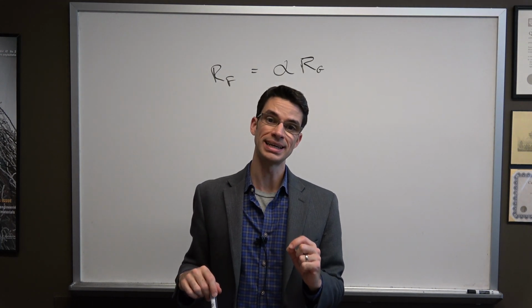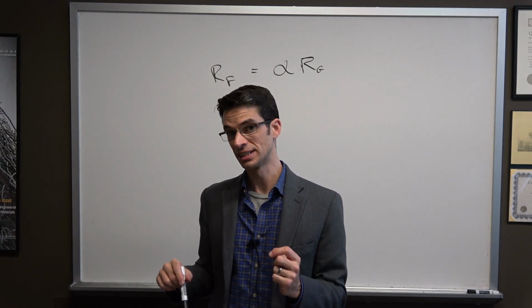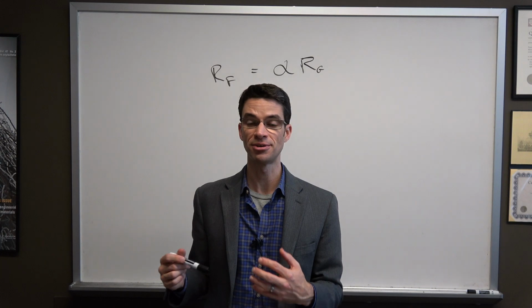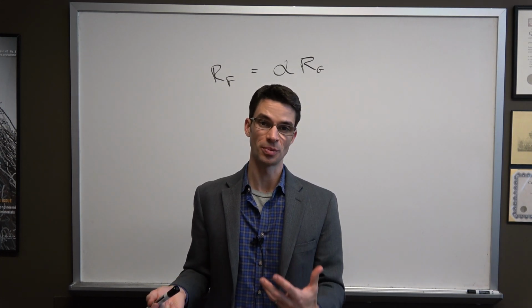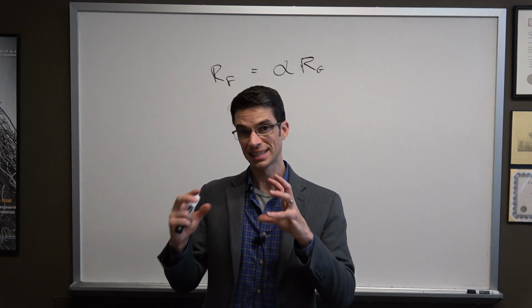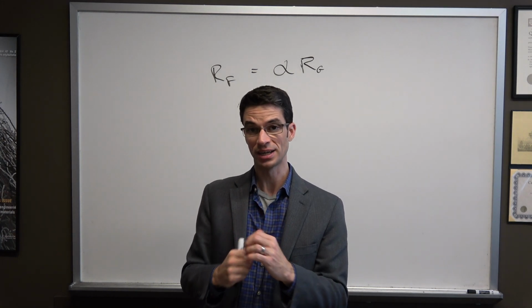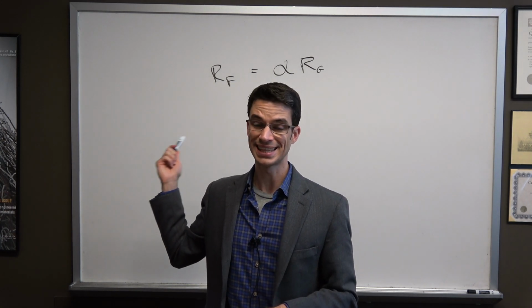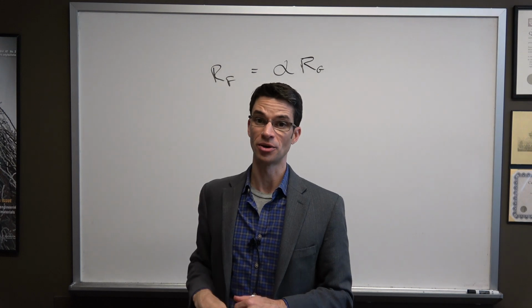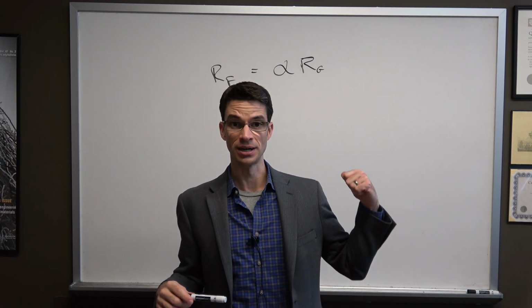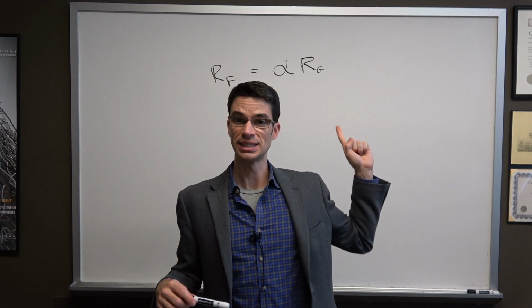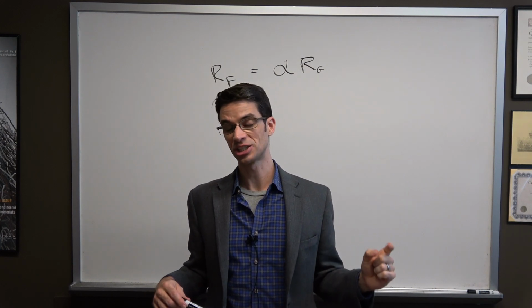If we put it in a bad solvent, so a solvent that doesn't have strong interactions with the polymer segments, then the polymer chain will ball up and RF will be less than Rg by a ratio of alpha, which is the intramolecular expansion factor.